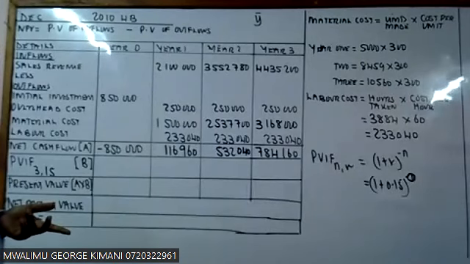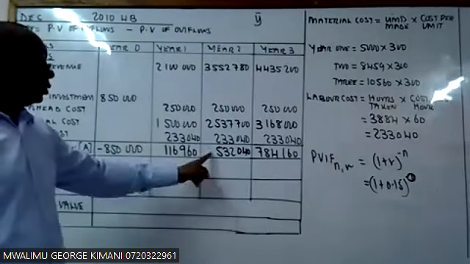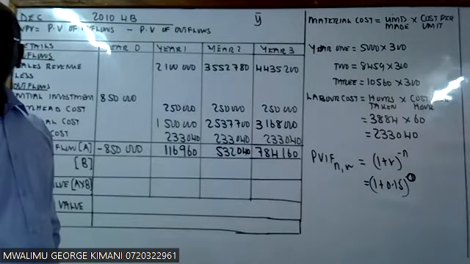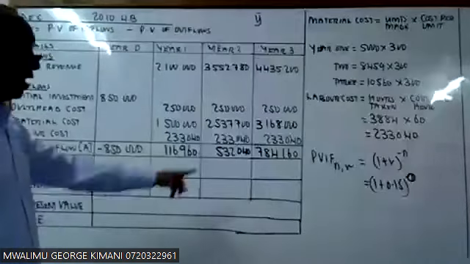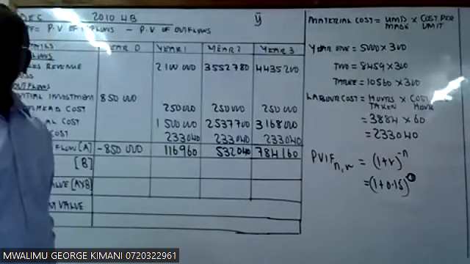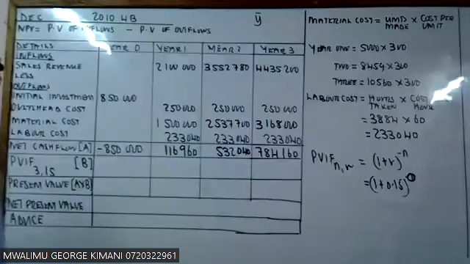We are talking of year two. Okay, okay. 2,040. 5, that's 2,040. Are you getting this one? Let me confirm again. Okay.